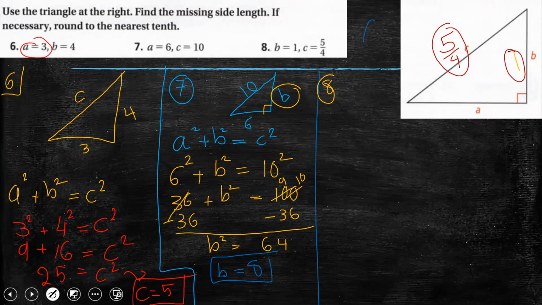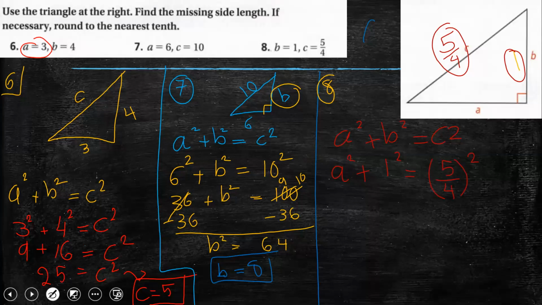I need to find A. So A squared plus B squared equals C squared. Where is A? Unknown. Where is B? 1. And C squared is 5 over 4, squared.